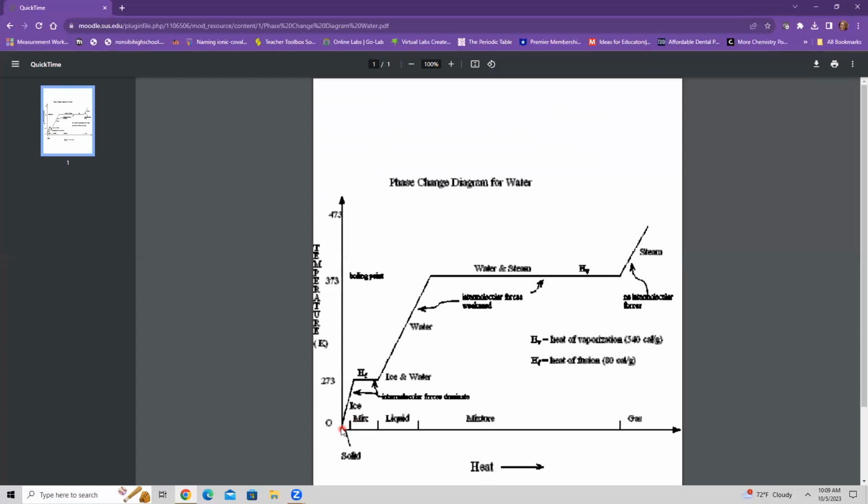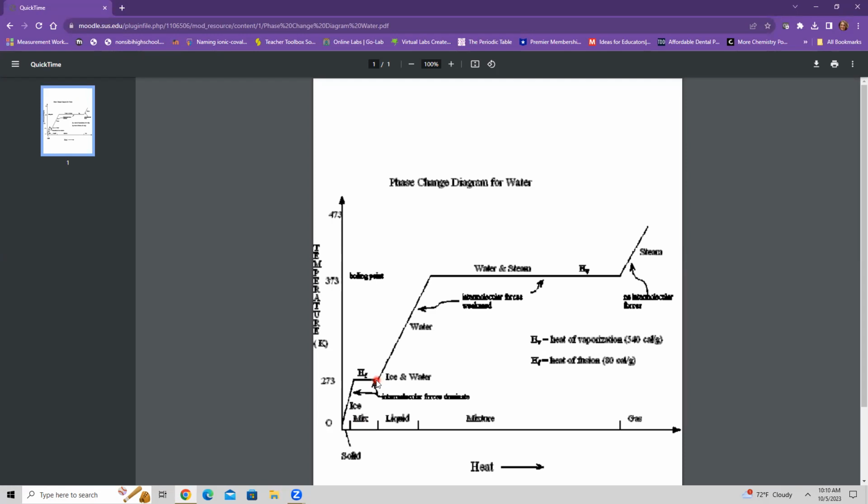So you are ice down here, so you're at 0 degrees, right? All of through here, until you hit 273 Kelvin, which is 0 degrees Celsius or 32 Fahrenheit. All right. So you are right here, and this is what is known as your melting point. That melting point can also be measured and is known as the heat of fusion.